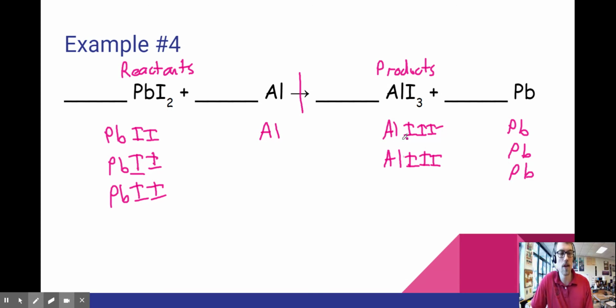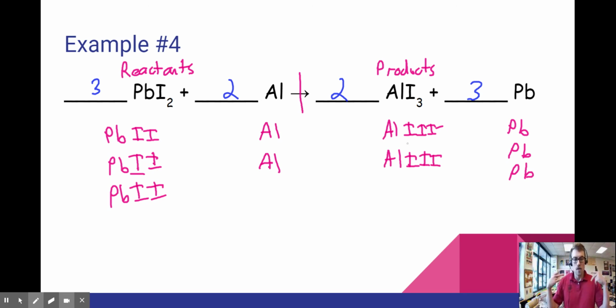And I have 2 on the product side for the aluminums, which means I need 2 on the reactant side. So now if we count it up, I've got 3 leads, 2 aluminums, 6 iodines, 6 iodines. So we'll go back in and add in our coefficients. So this is going to be 3, 2, 2, 3.